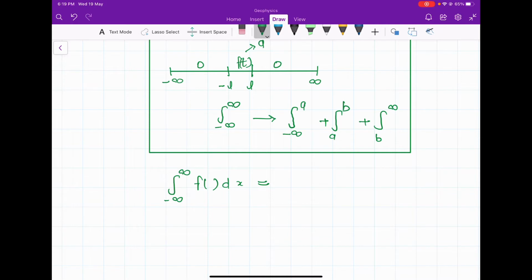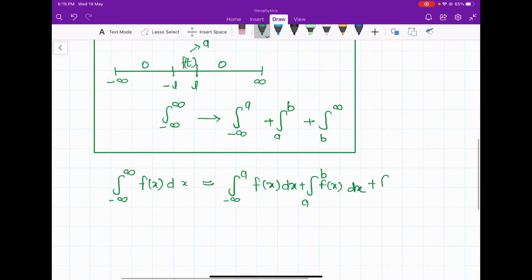So f(x) dx will be the integral from minus infinity to a of f(x) dx, plus a to b of f(x) dx, plus, you can break any number of times, it's up to you and what is given in the question, b to infinity, or you can break it as b to c of f(x) dx, and last will be c to infinity of f(x) dx.